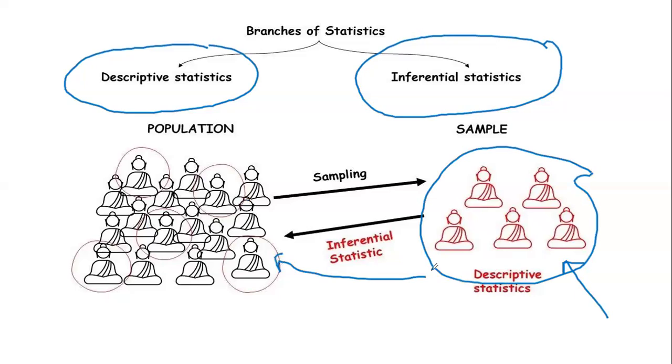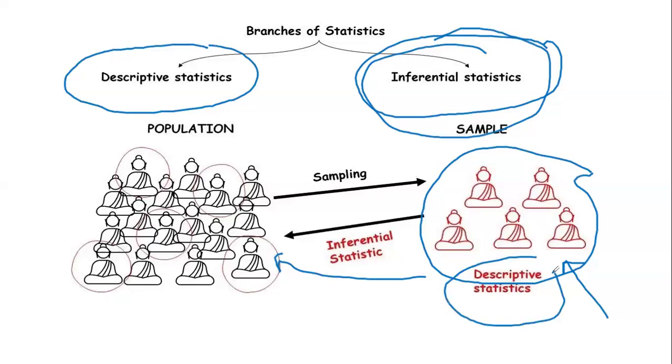That process of trying to know the characteristics of the whole population using just the sample is what we call inferential statistics. But just describing the characteristics of this sample is what we call descriptive statistics. So take note of that.